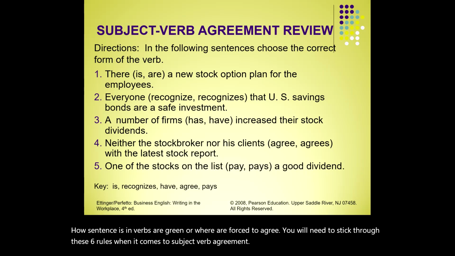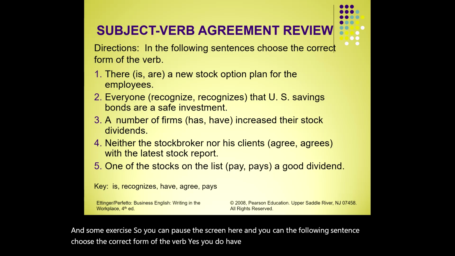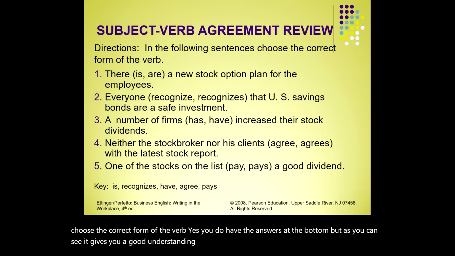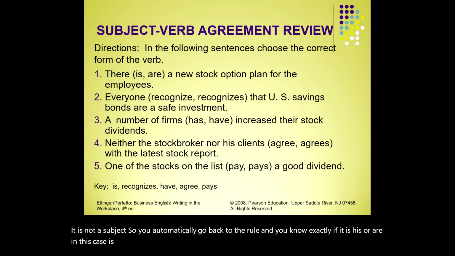And some exercises: you can pause the screen here and, in the following sentences, choose the correct form of the verb. Yes, you do have the answers at the bottom, but it gives you a good understanding. In the first sentence, "there" is an adverb. It is not a subject, so you automatically go back to the rule and you know exactly if it is "is" or "are." In this case, the key is at the bottom.